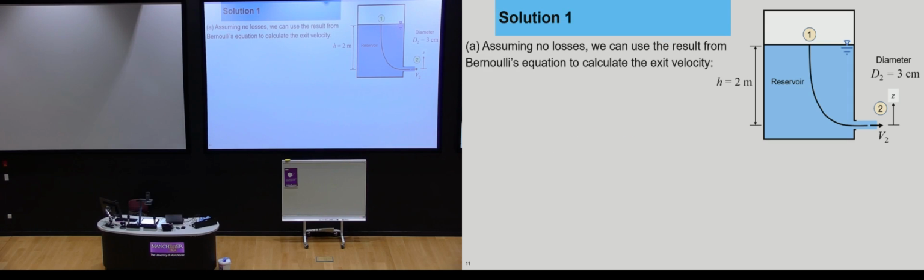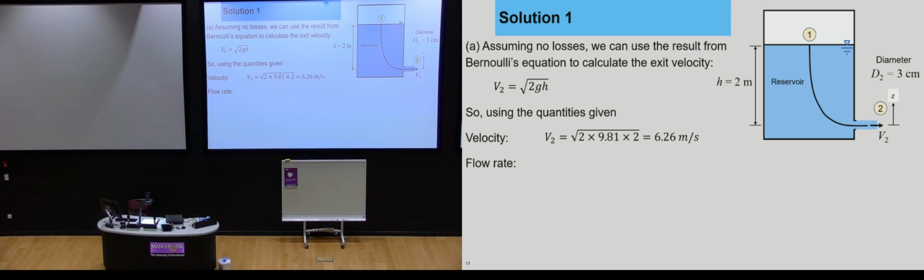Well, in the first part A, it says assuming no losses. Okay, so we can use the result from Bernoulli's equation that we derived to calculate the exit velocity. If we know the exit velocity, we can calculate the volumetric flow rate, or the discharge. So the velocity at point 2 is equal to the square root of 2gh. We have all of our quantities already known.